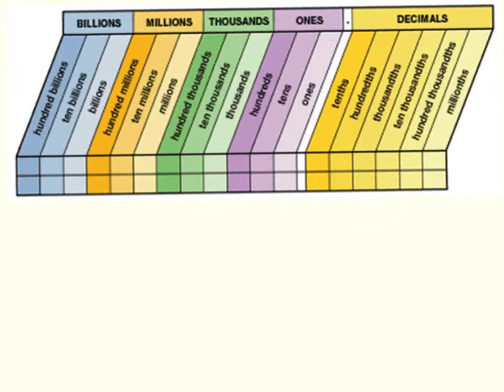Let's say we had a number 25 and 34 hundredths. Let's say we wanted to round this to the nearest tenths. Well, first of all, we have to find the tenths place, and here's our tenths place right here. So we're going to do something to this number, and the one beside it is going to tell us what to do.